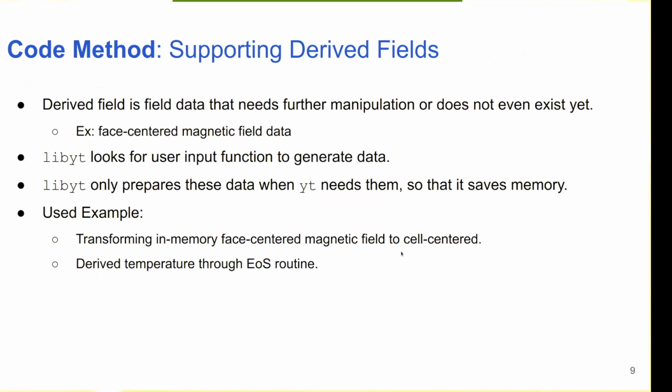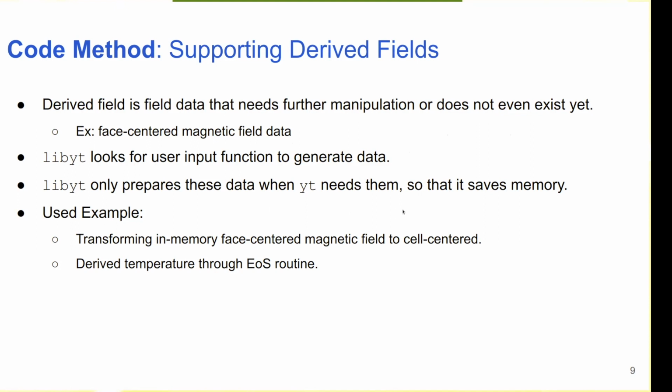And we also support derived fields. Derived fields are fields not ready in YT yet. For example, face-centered magnetic field data, which we need to convert to cell-centered data. These kinds of data either need manipulation or do not even exist yet. Libyt looks for a user input function to generate these data, and it only prepares them when YT needs them, so that it saves memory.